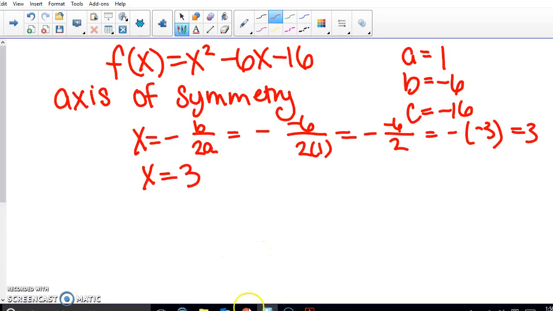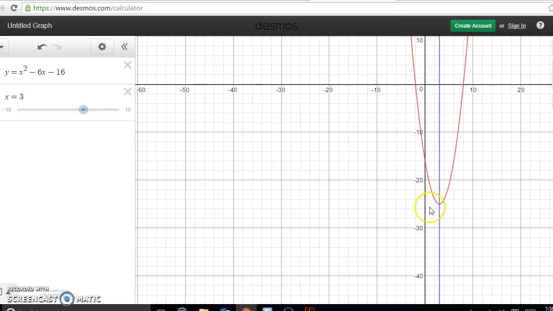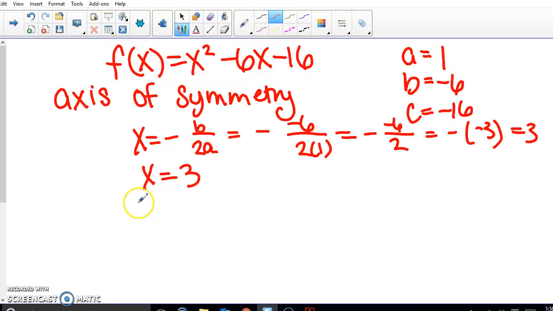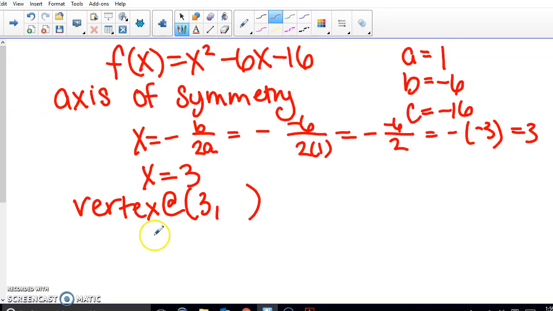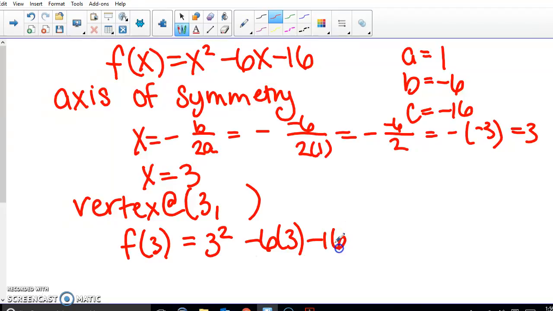Now let's find the coordinates of our vertex here. To do that, our x-coordinate is 3, and we're going to plug that in for our x values to get our y-coordinate. So f of 3 equals 3 squared minus 6 times 3 minus 16.